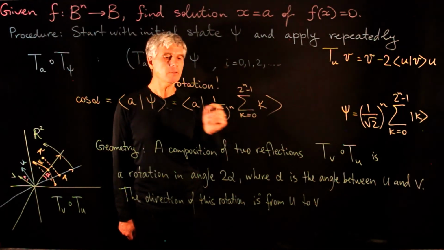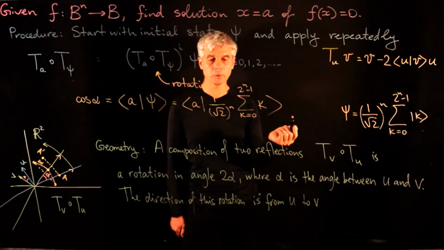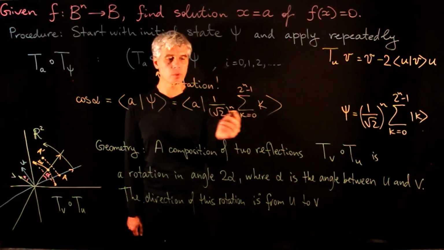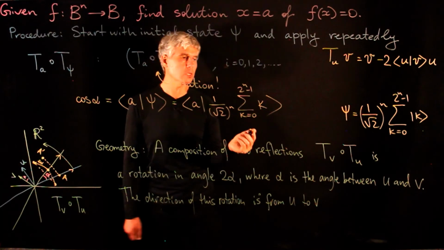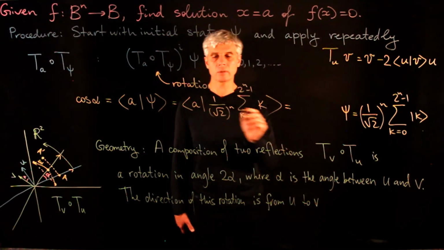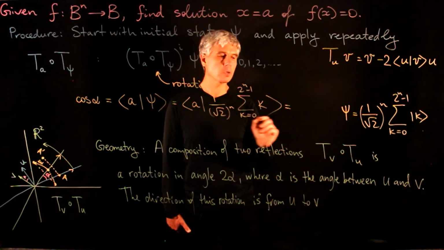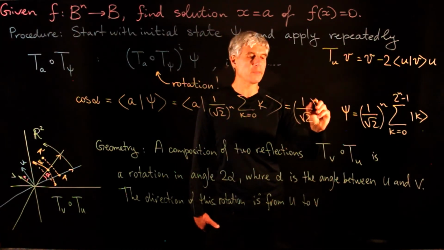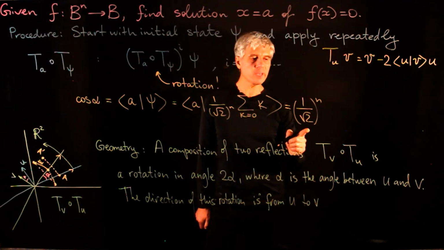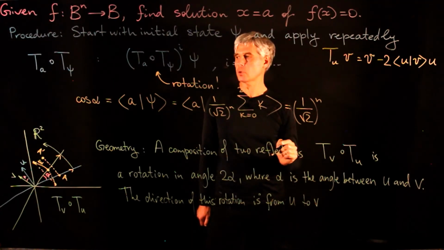When k is different from a, this scalar product is equal to 0. So there will be only one term in this sum, when k is equal to a, where we get a non-zero scalar product. This tells us that the scalar product between these two vectors is 1 over the square root of 2 to the power n. Now, this value is very small, close to 0.